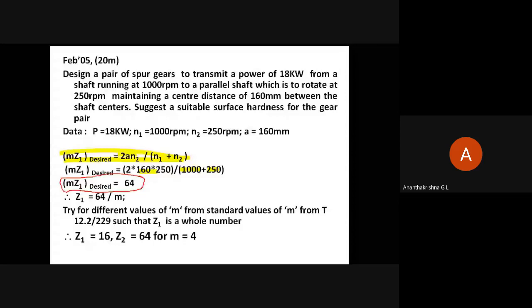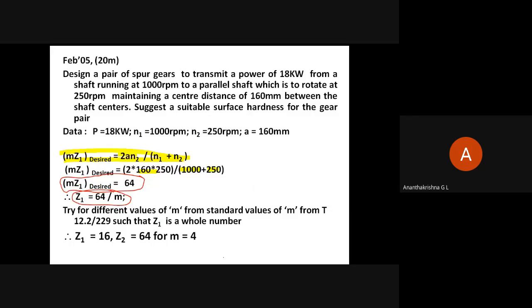From this z1, I move the module to the right hand side. What I am going to get is z1 equal to 64 divided by m. Now you need to try different values of m from table 12.2.